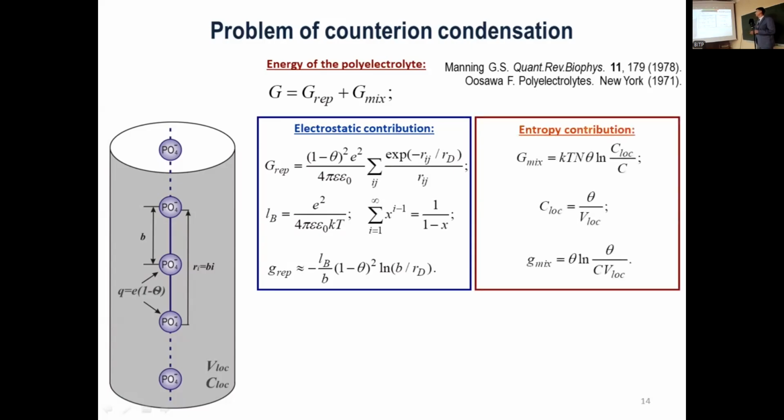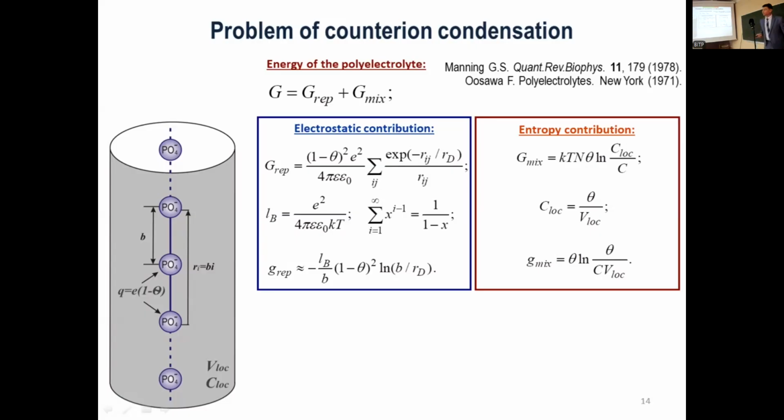Such a model was developed where the electrostatic repulsion between these particles is described using the potential with Debye screening, and in this case it is possible to obtain an analytical expression for energy, and also a part describing mixing of ions which are close to the system and which are in the solution.